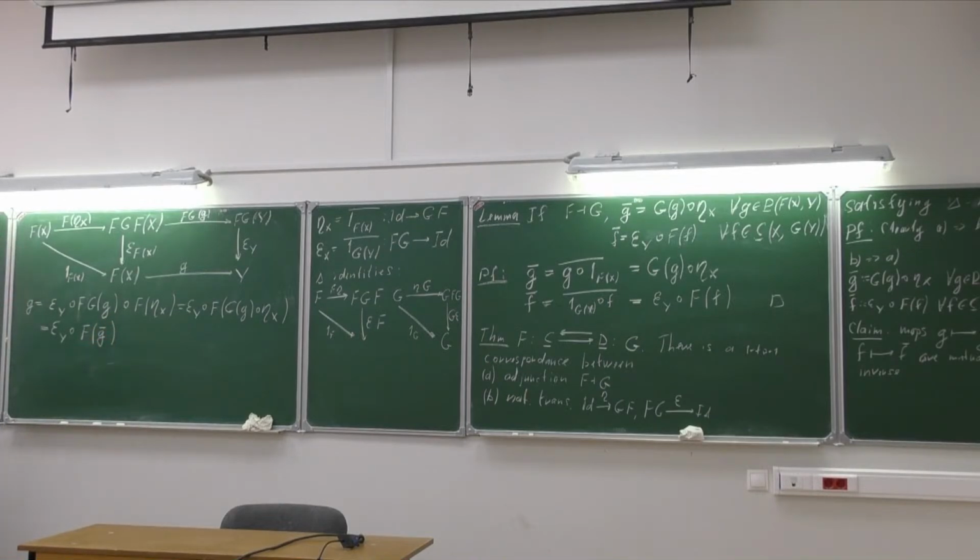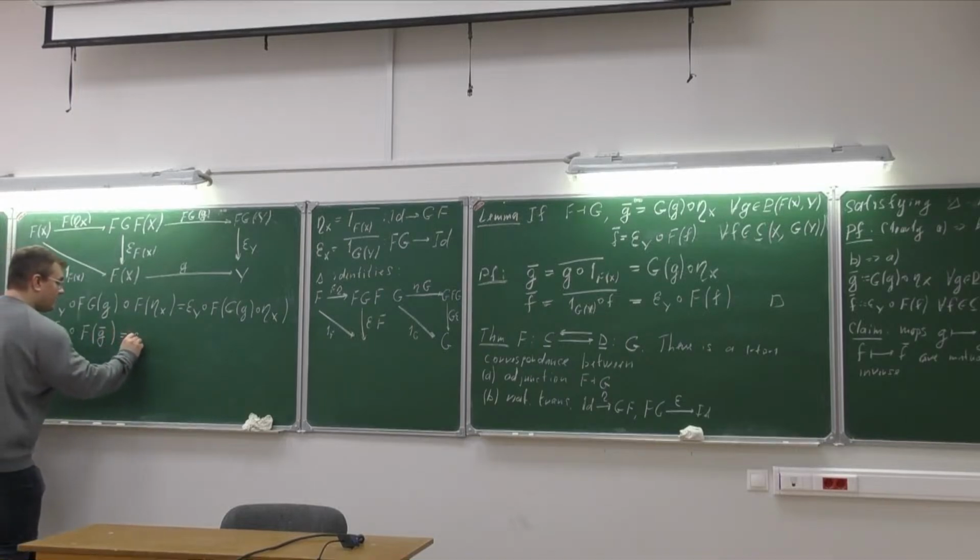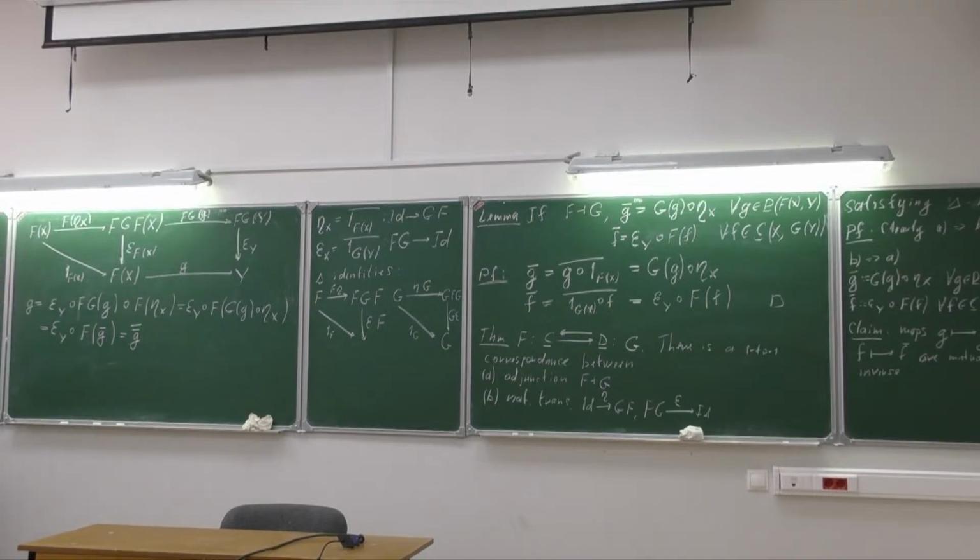But now this is again the definition for the g bar. So what we have here is g with the bar and then with the bar. So it means that if I apply this bar twice, I'll get the same thing. So kind of we have phi and phi inverse, and composition in one direction is the identity.